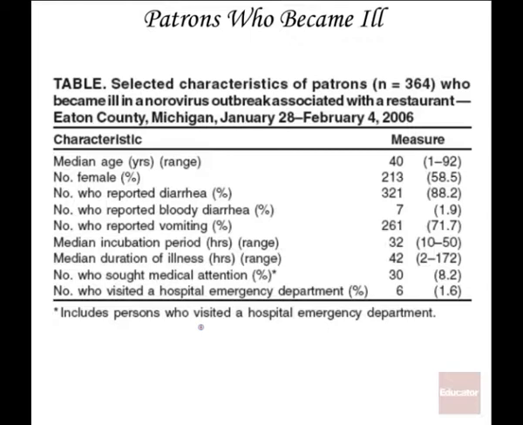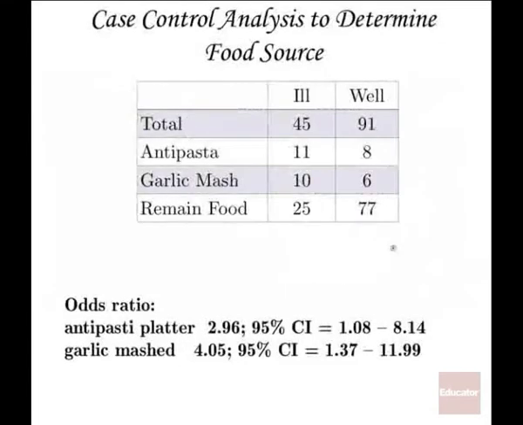The mean incubation period was reflective of norovirus, and duration of illness was the same. So sometimes just knowing the characteristics of the people who become ill helps you figure out what pathogen is responsible.